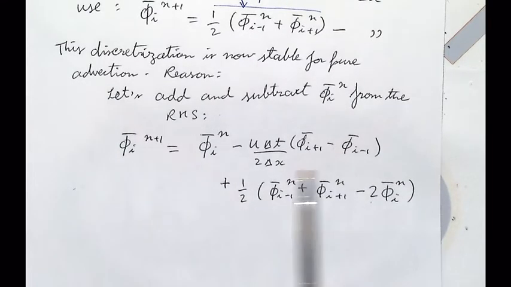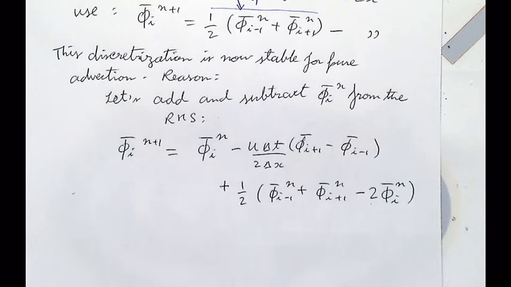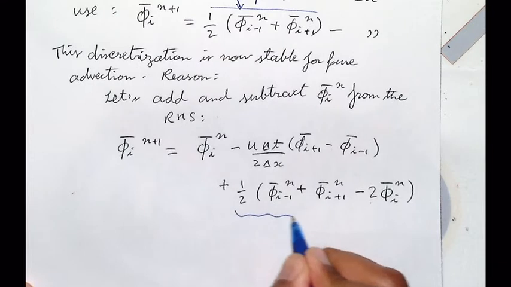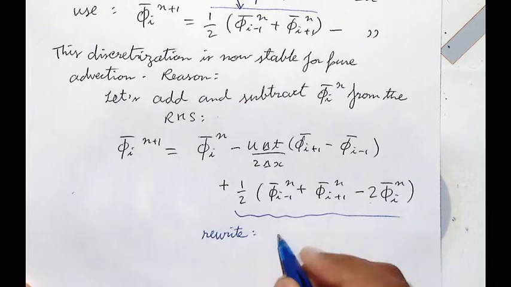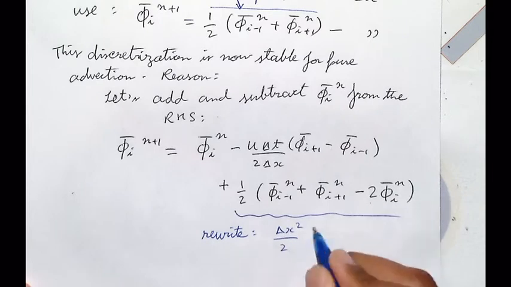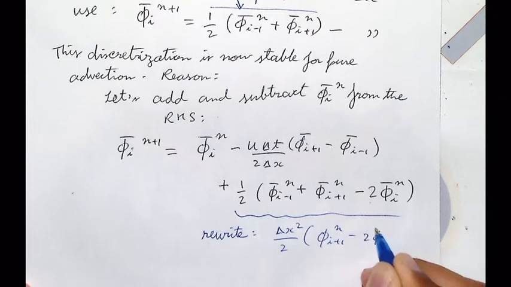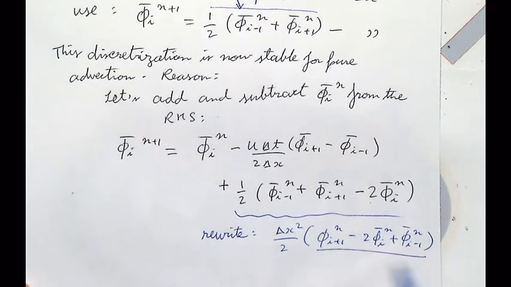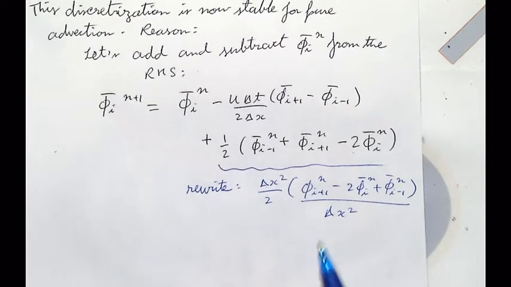But now we've added an extra term, right? What does this extra term look like to you? If I rewrite this as delta x squared over 2 times phi I plus 1 n minus 2 phi I n plus phi I minus 1 n over delta x squared, I didn't do anything, I just multiplied and divided by delta x squared, right?